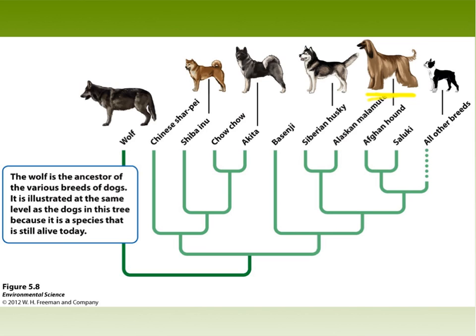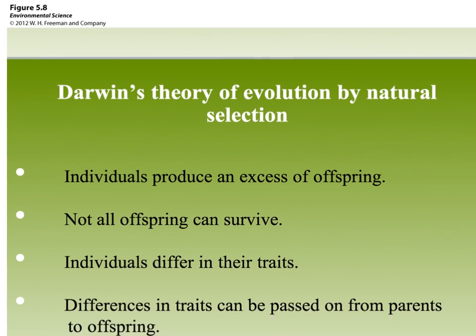The variety of dogs out there was all through artificial selection, man determining what traits to pass on. They all come from the gray wolf, which has been confirmed through genetic testing. We'll talk more about that later.